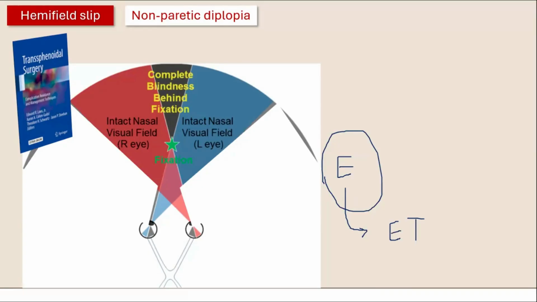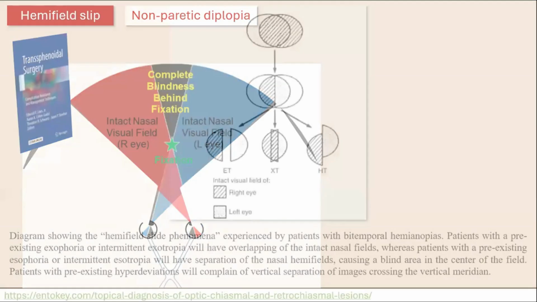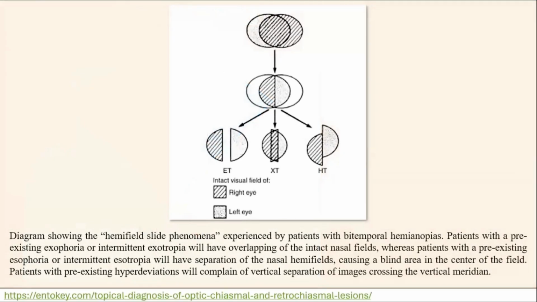So again, let's make the drawing on this right eye. This eye will deviate inward, okay? And this red triangle will move in the same direction. So the nasal field stays away from the other nasal field. And this schematic representation shows the appearance in esotropia. So the nasal fields are now separated by something called a scotoma here in the middle.